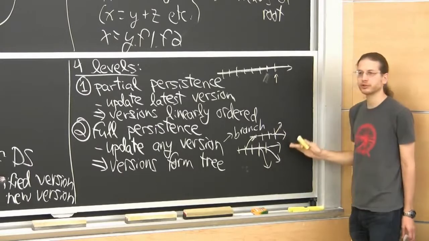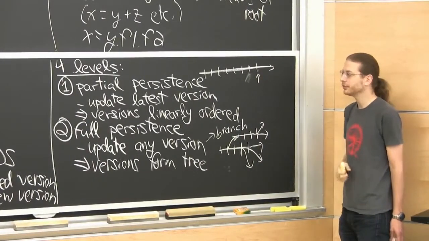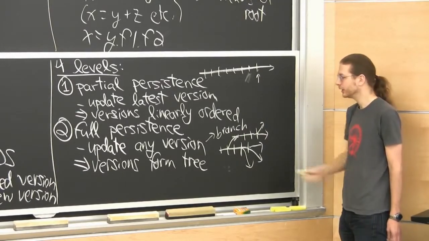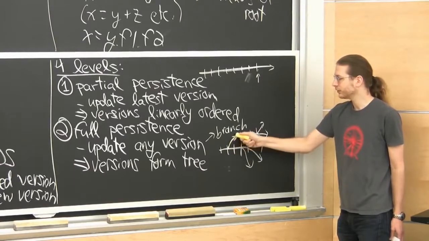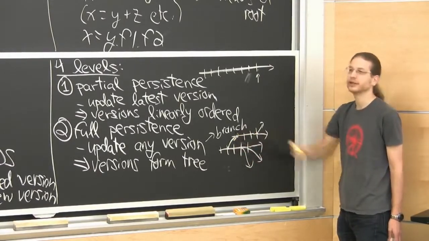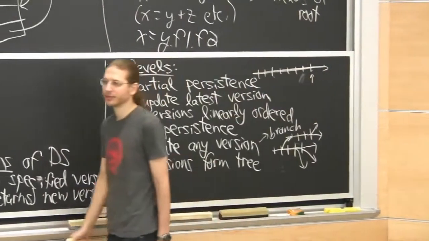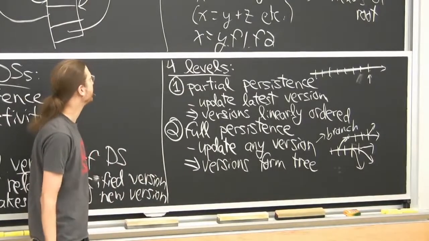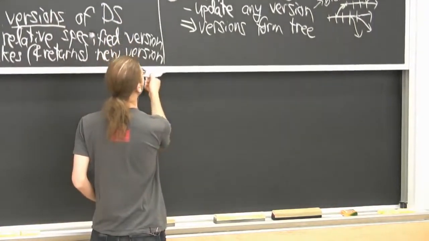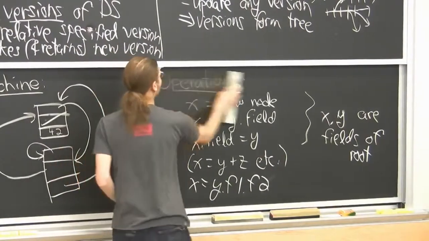So no version ever gets destroyed here. Again, you can query all versions, but now you can also update any version, and you just make a new version. It's a totally new world. When I update, this version knows nothing about this future. It's created its own future. And there's no way to merge those universes together. It's kind of sad. That's why we have the third level of persistence, which lets us merge timelines.